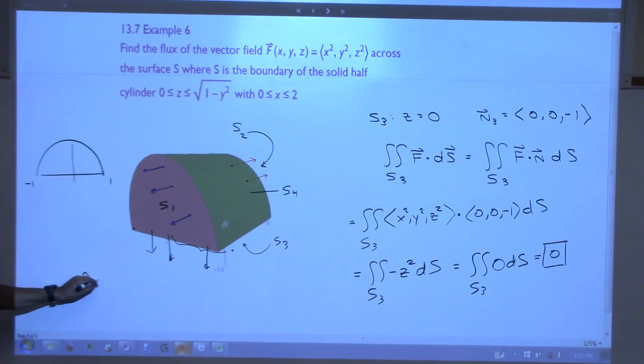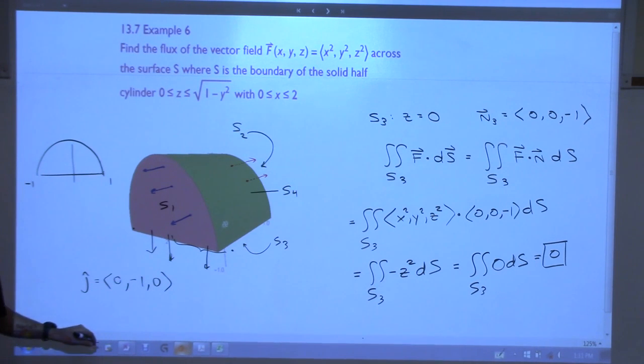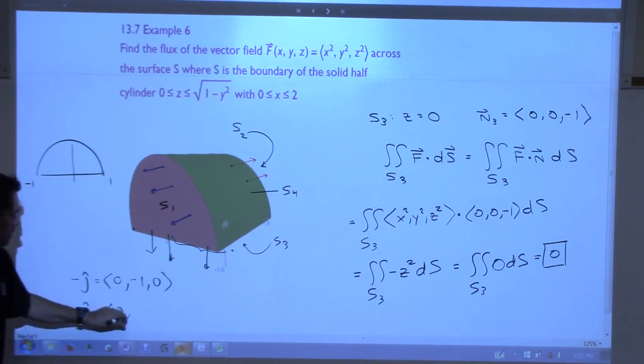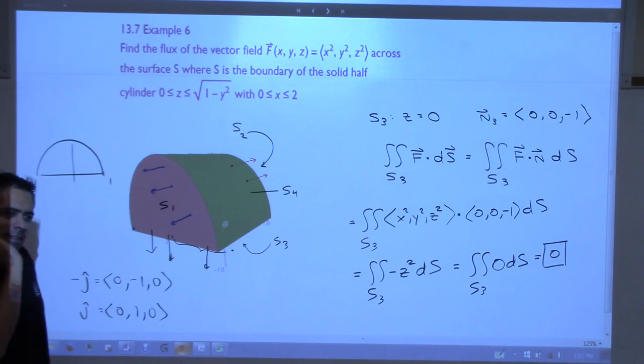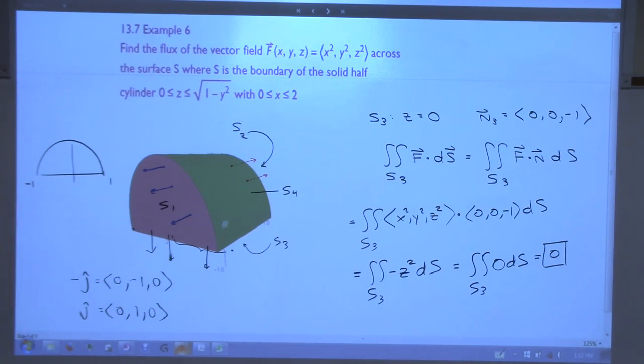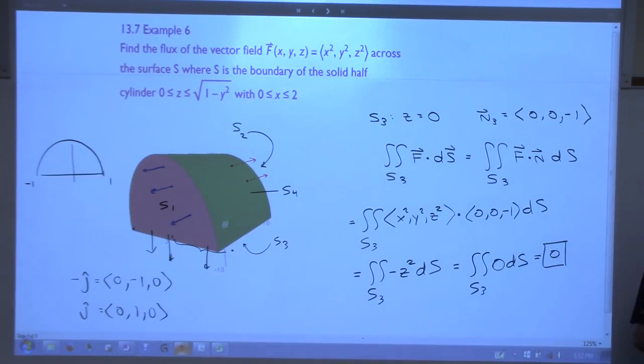J hat is defined to be 0, 1, 0. Negative j hat would be 0, negative 1, 0. I think I understand. When you do your cross product, the middle one always has to switch signs. That's what you're referring to? Okay.